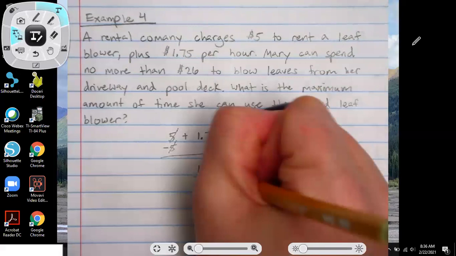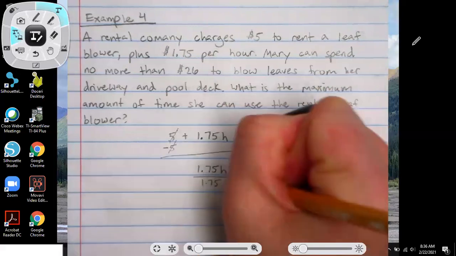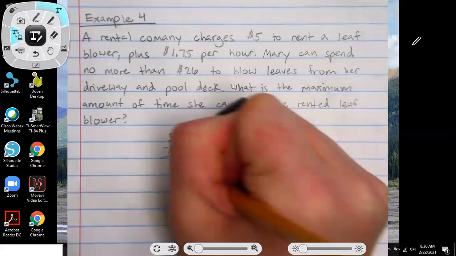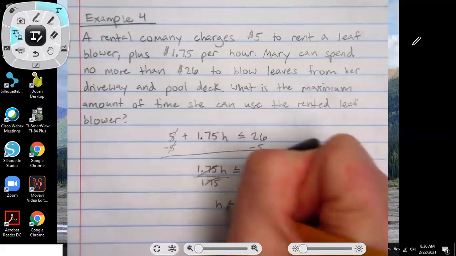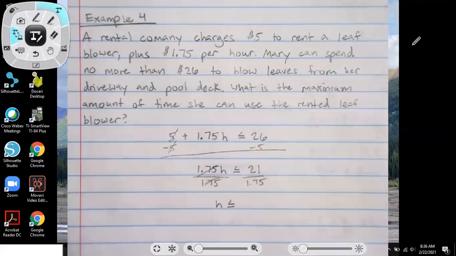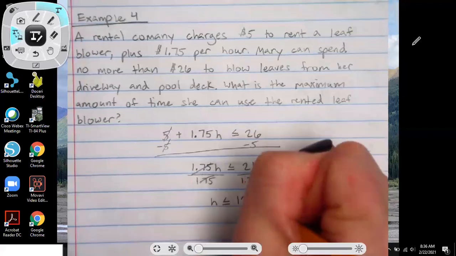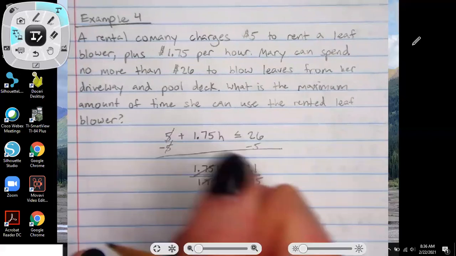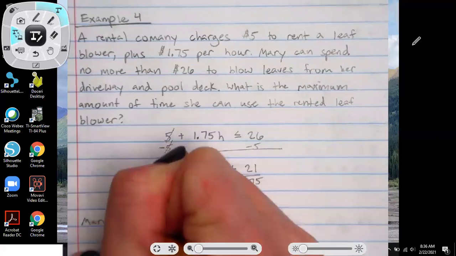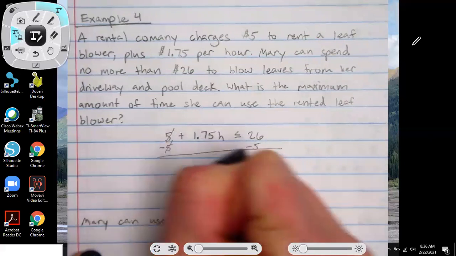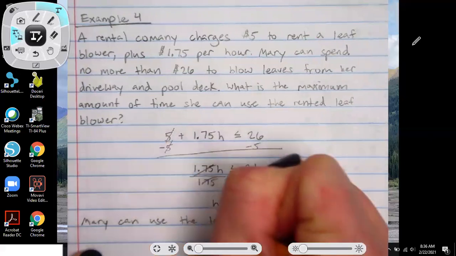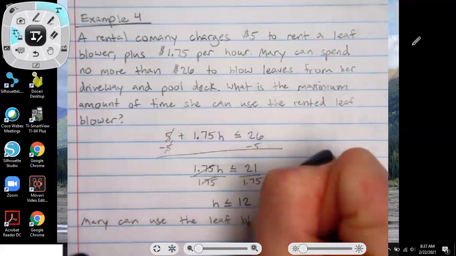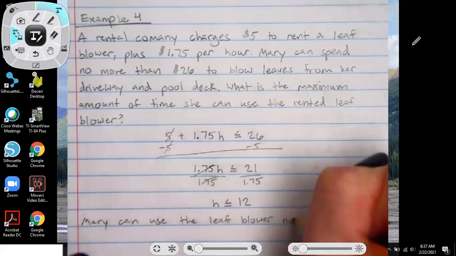Divide both sides by 1.75. 21 divided by 1.75, you can do that in your calculator, you get 12. So this tells us Mary can use the leaf blower no more than 12 hours.